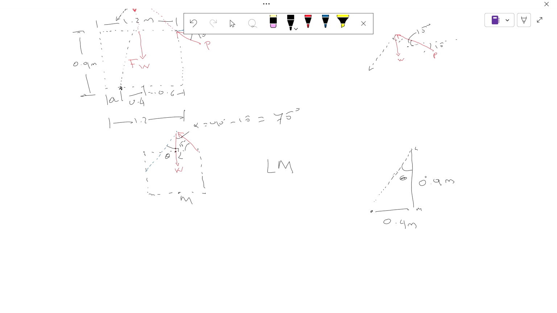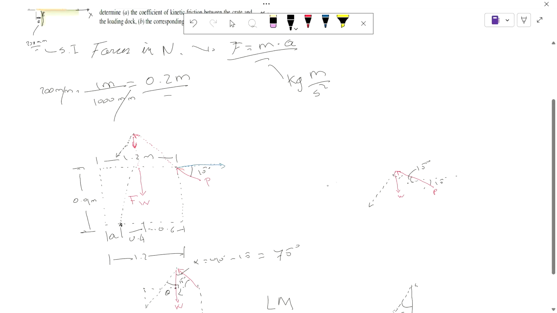So if what we want to do is to find the angle, well, let's see something here. We can actually find this point right here. So we're gonna need another distance.